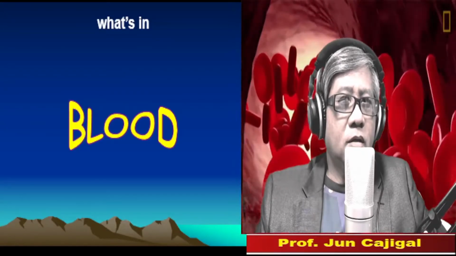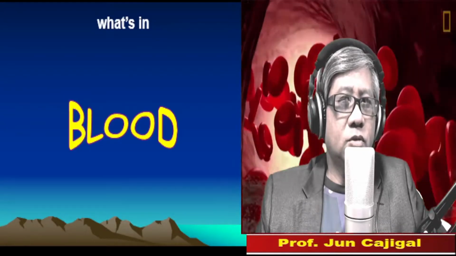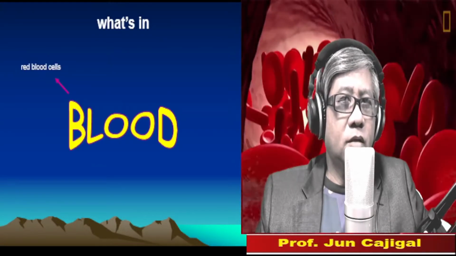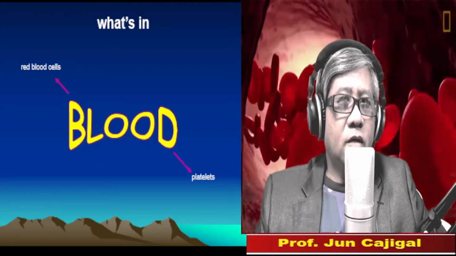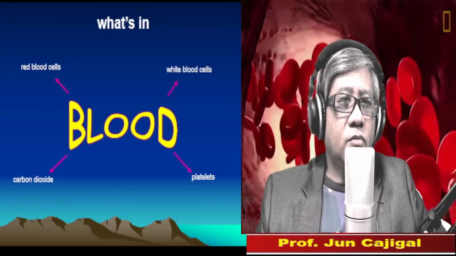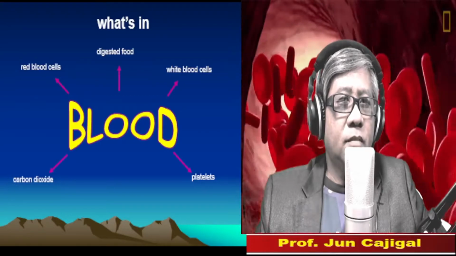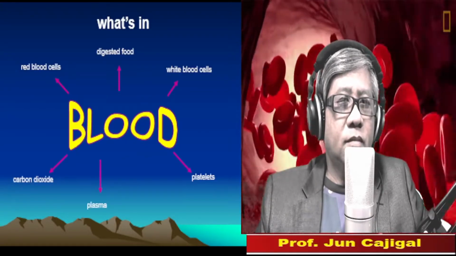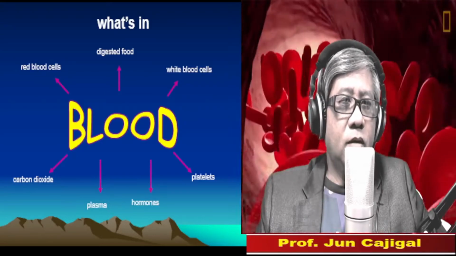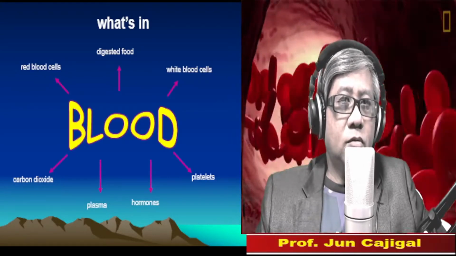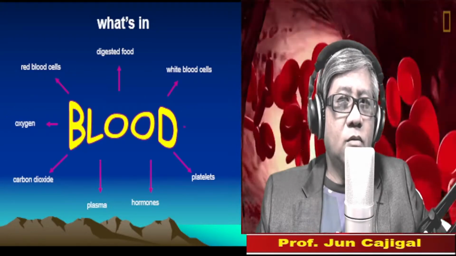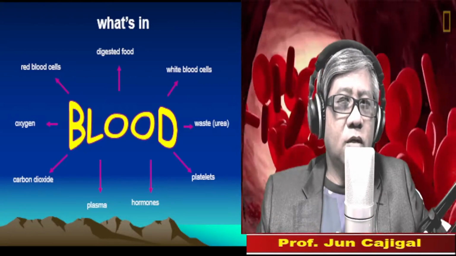Now, our blood is a homogeneous mixture of the following components: red blood cells, platelets, white blood cells, carbon dioxide, digested food, plasma, which is the liquid component of the blood, dissolved hormones in the blood plasma, oxygen, and waste products like urea.